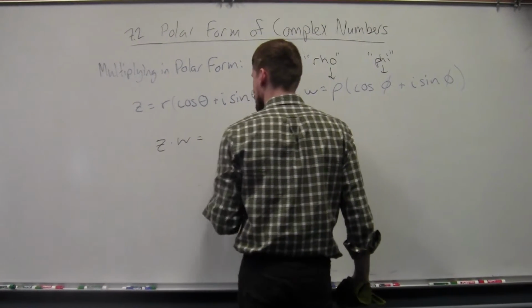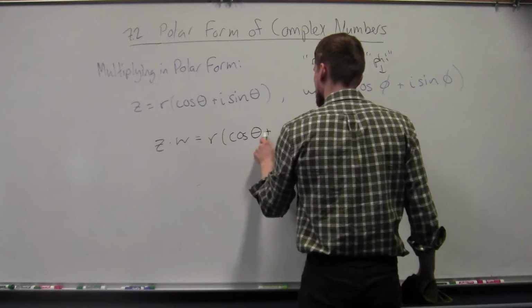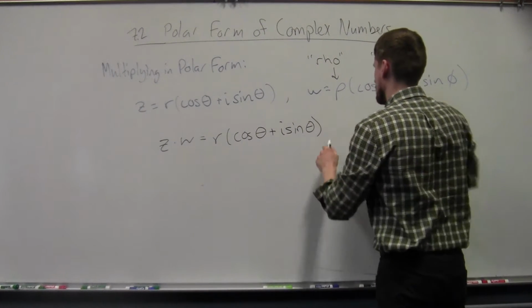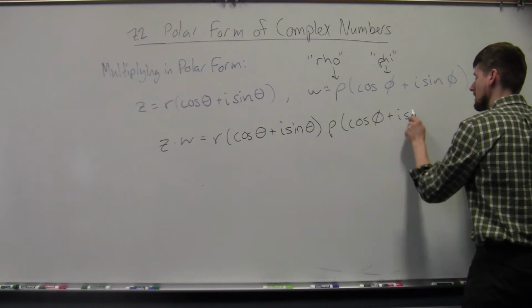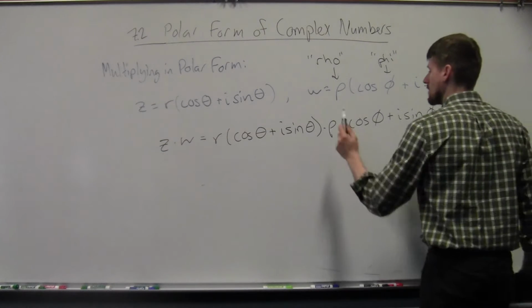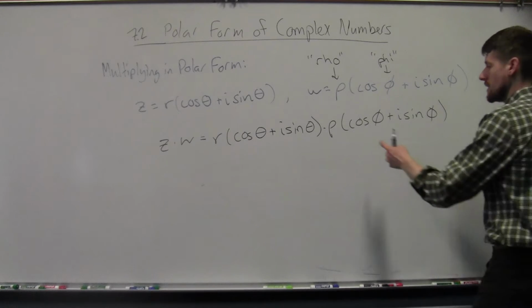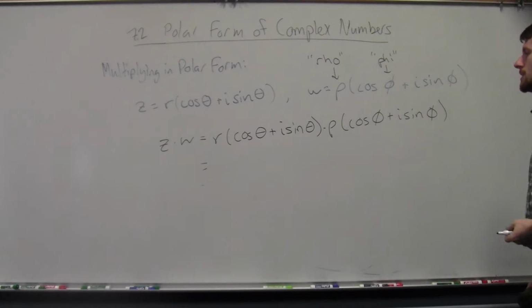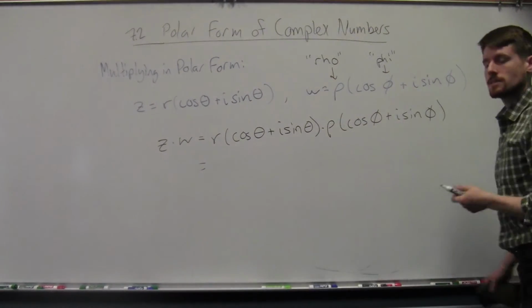z times w equals, well, let's just write them all out. r times cosine theta plus i sine theta, times rho times cosine phi plus i sine phi. That's what we're doing, multiplying these two complex numbers in polar form. Now, it would be nice to group the r and rho together, because those multiply each of the things in parentheses, and then we'll do the distributive property on whatever's inside the parentheses.